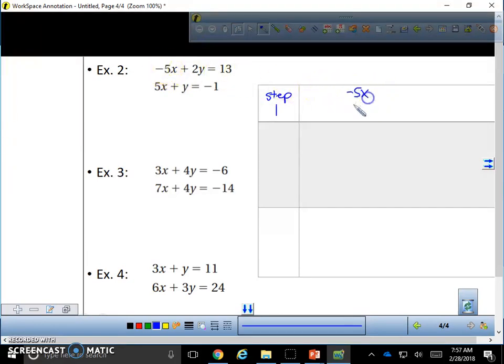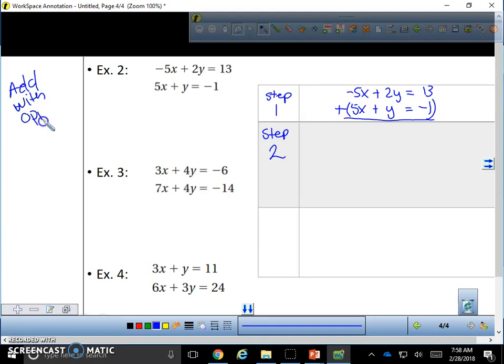Negative 5x, line them up. 5x plus 2y equals 13, negative 1. Set up. Am I going to add or subtract? The whole point in step 2 now is to eliminate. If I add negative 5x and 5x, that eliminates because they're opposite.